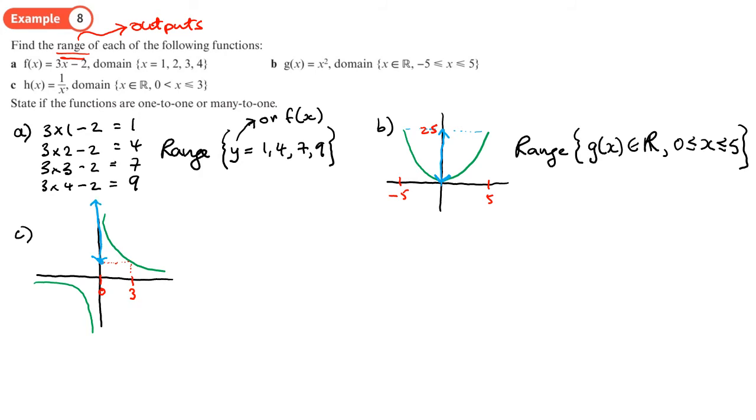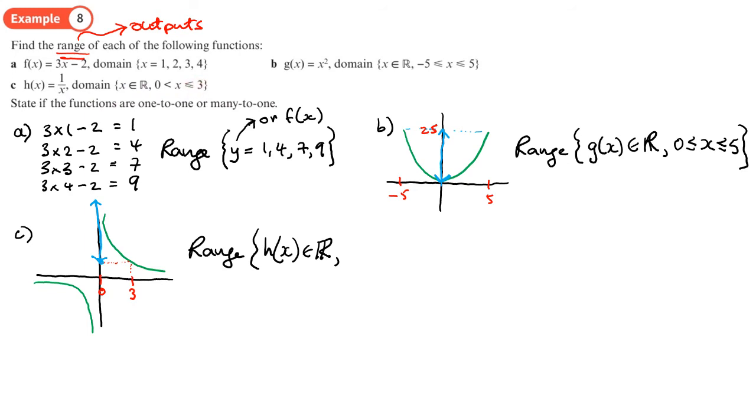Like that. So I'd write the range, and this is h of x, all real numbers, but those real numbers, well, the lowest value down here is going to be 1 over 3, 1/3, so it's greater than or equal to 1/3.